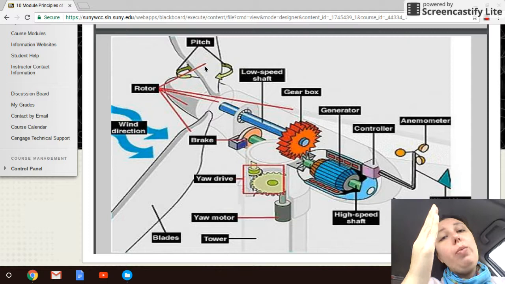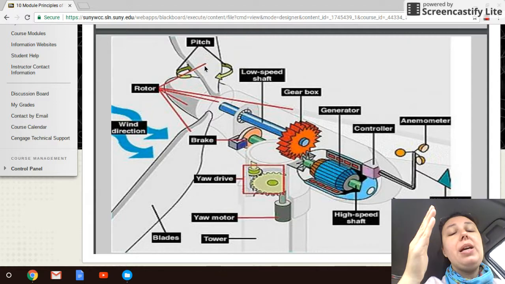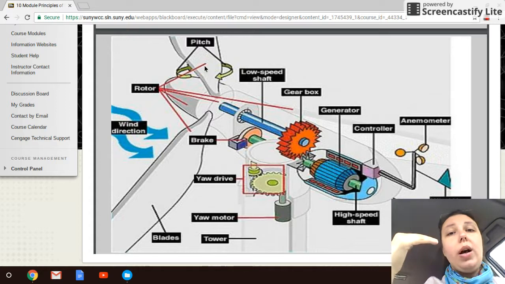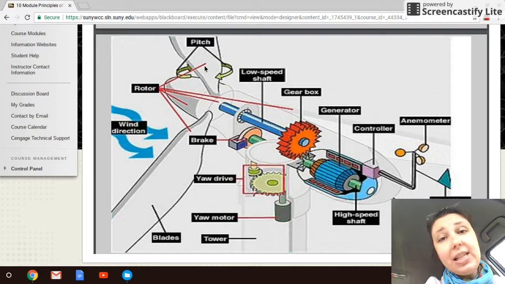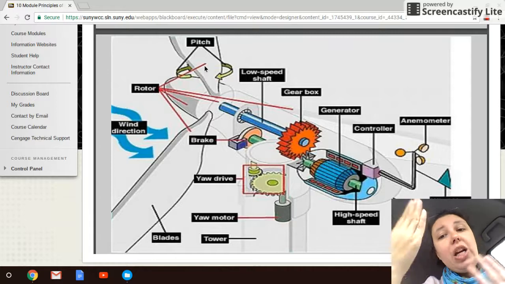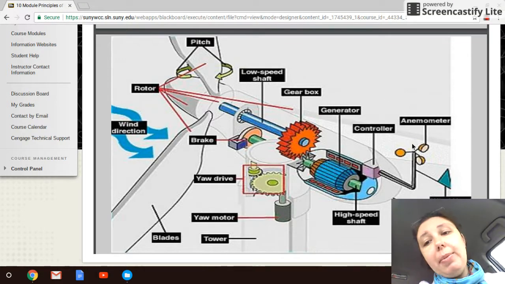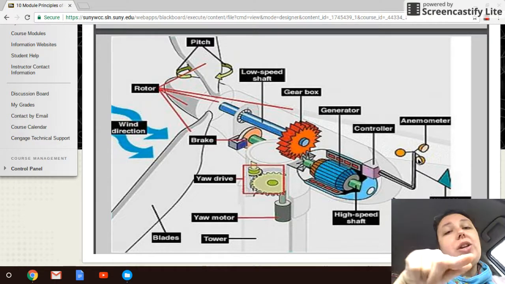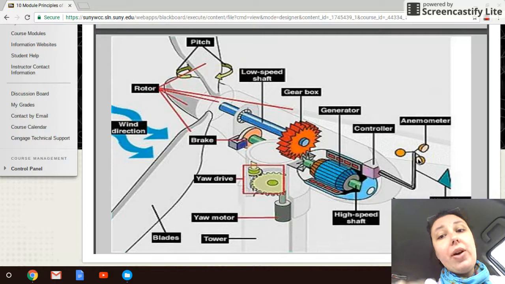And if you are working with a large-scale wind turbine system, one of the ones that would run a community or a small town, so we're talking about the multi-megawatt turbines, those turbines have pitch systems on the blades that will actually change pitch based on the anemometer back here. So the anemometer is reading my wind speeds and my wind directions, and the pitch will actually alter based on those. And that brings me to some of the others.